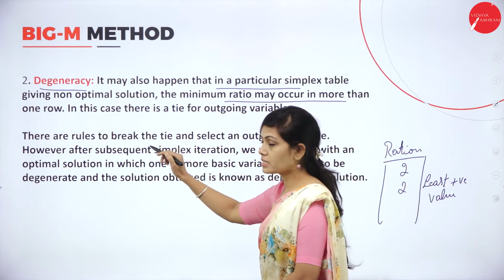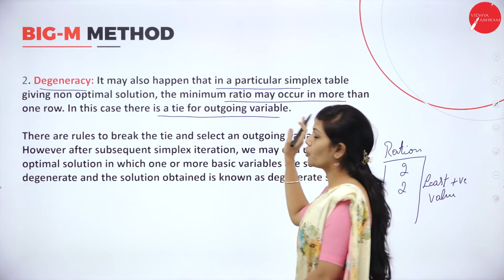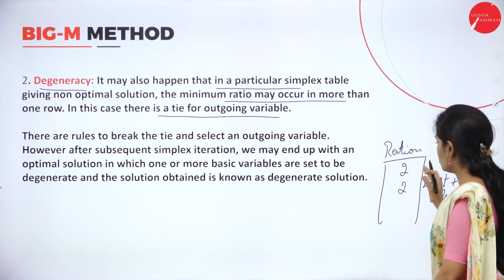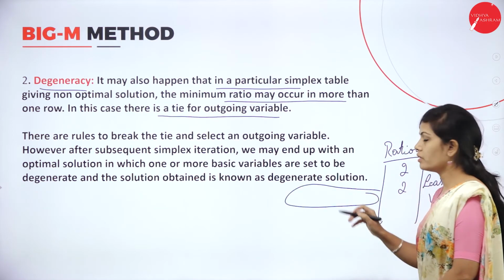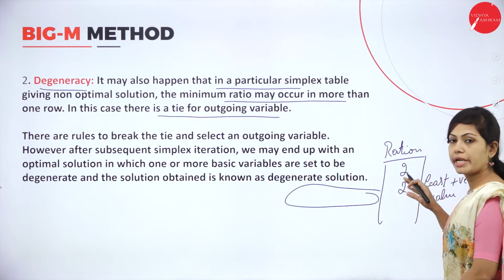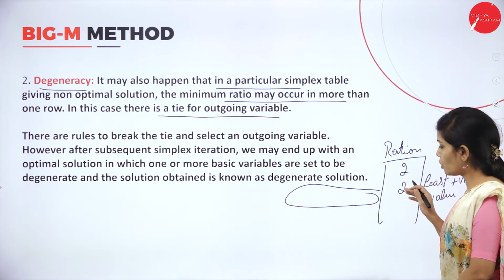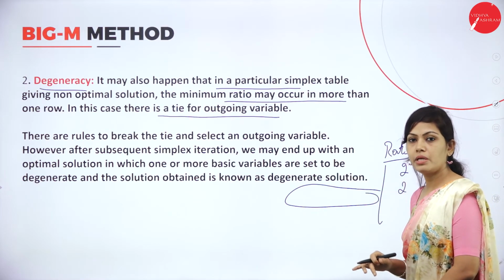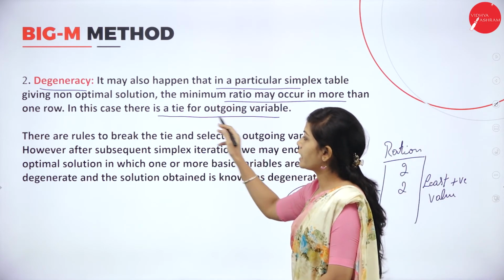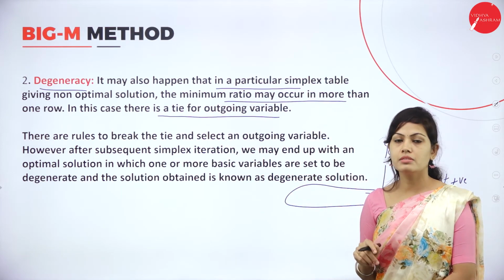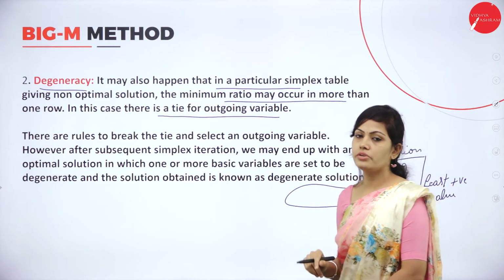In this case, there is a tie for the outgoing variable. Usually, using this least positive value, we select the outgoing variable, right? Sometimes you will get the same ratio values. So how to select the outgoing variable? This condition is known as degeneracy.